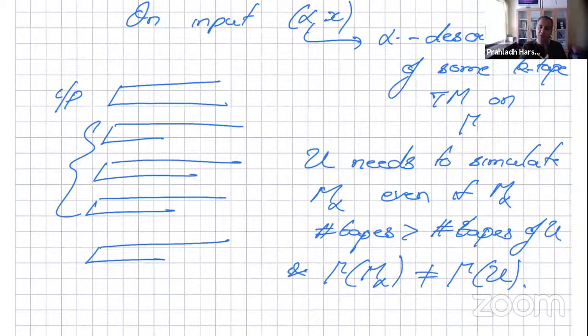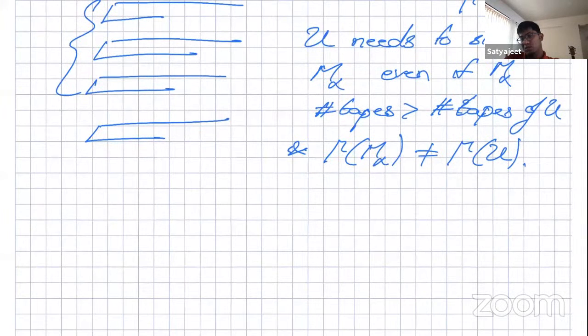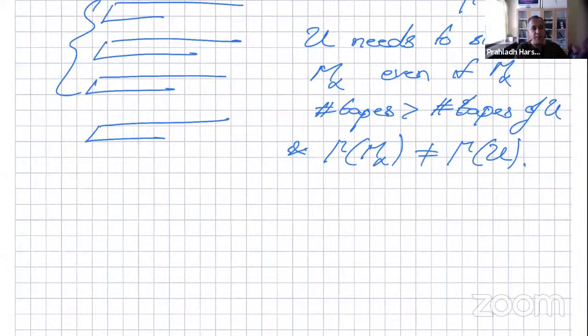How do we do that? We just use the claims that we mentioned in the first. You give me alpha, a description of alpha. From that, if I have a greater number of tapes in M alpha, then I can stick them in parallel. So we'll just resort to the two claims we proved.